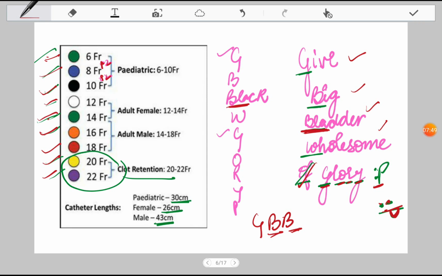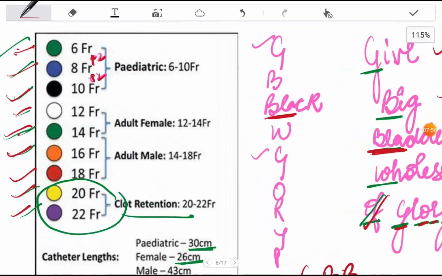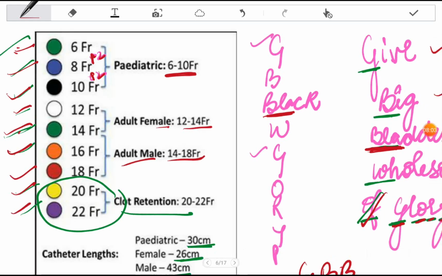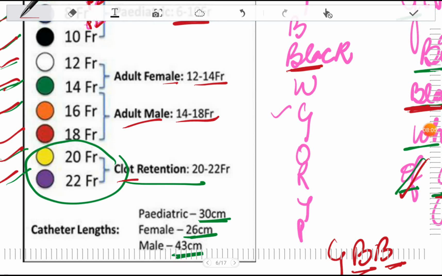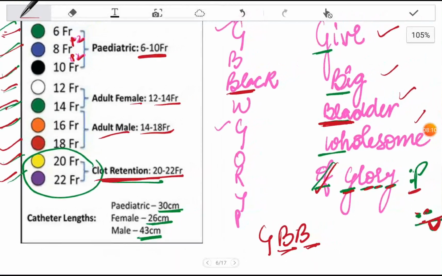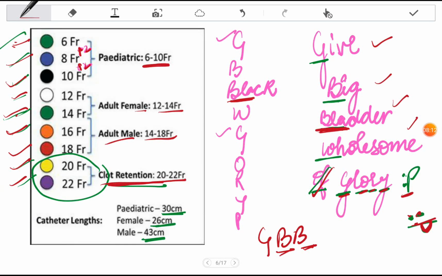Then we'll talk about the sizes which are used for different age groups. For pediatric, it is 6 to 10 French, adult female 12 to 14, adult male 14 to 18, and the big ones are used for clot retention. For instance, a patient had an accident, injured their bladder, and there were clots in the bladder.